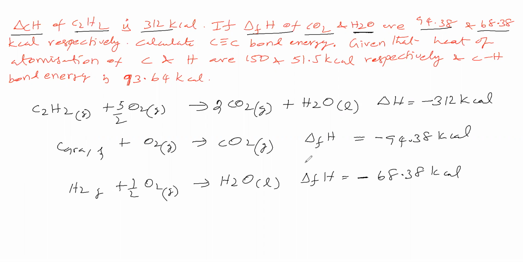Then what they are asking us to find is the C≡C bond energy. The C≡C bond means a triple bond between carbon atoms, and that bond energy we have to find. Now, the heat of atomization of carbon: atomization means you have to convert the given substance into gaseous atoms.